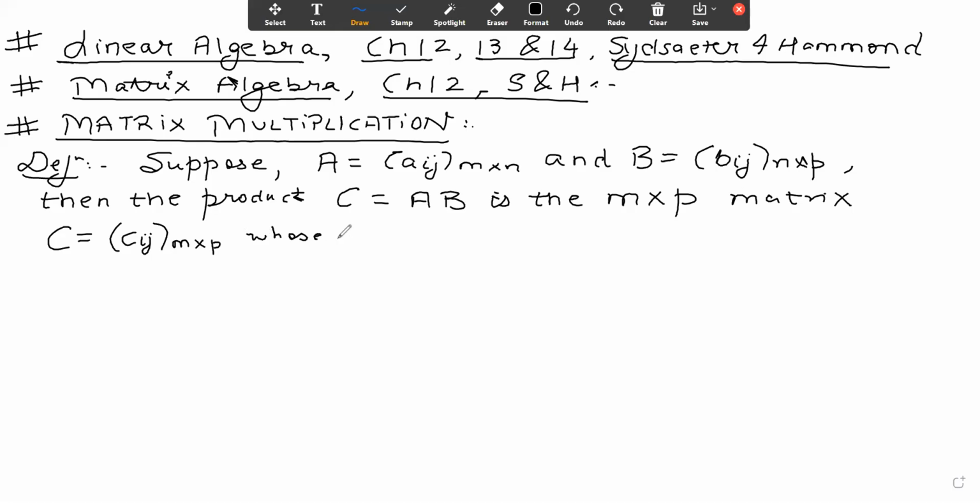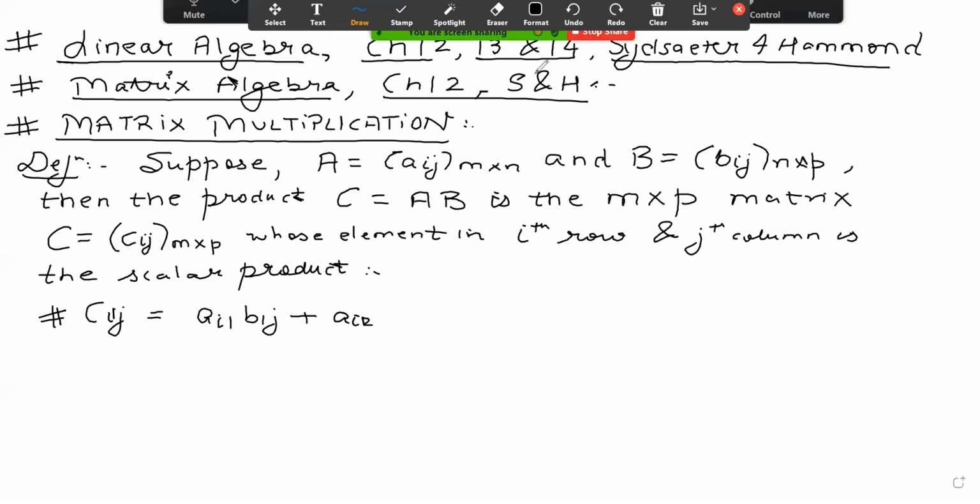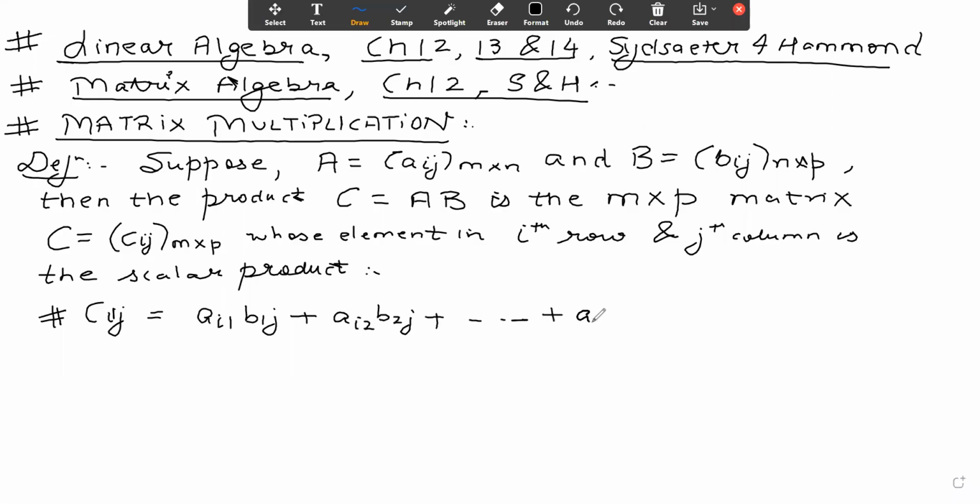whose element in the ith row and the jth column is the scalar product: Cij is equal to Ai1 into B1j plus Ai2 into B2j, plus I can continue, Ain into Bnj.